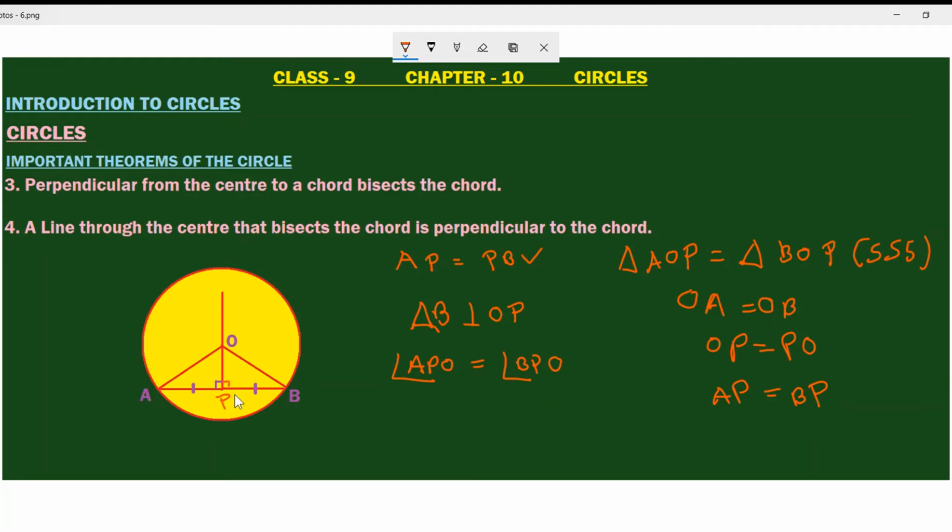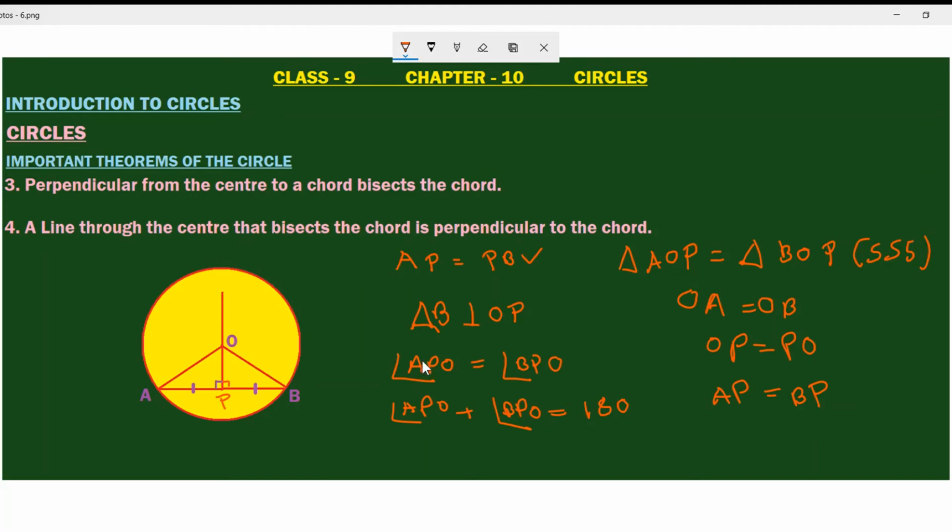You can see AB is a line and OP is a line on the line AB. Then we can say these two are a linear pair. We know the sum of a linear pair is 180 degrees. So APO plus BPO is equivalent to 180 degrees.